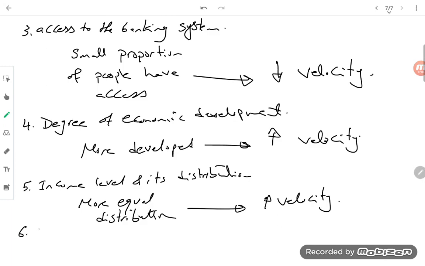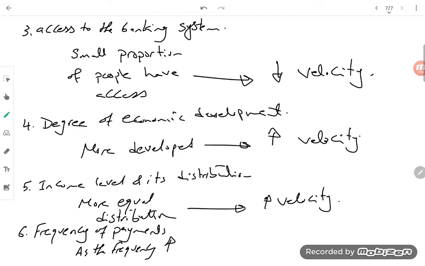And finally, number six, frequency of payment. Whether you are going to receive your income monthly, weekly, or daily, as the frequency of payment increases, velocity increases.